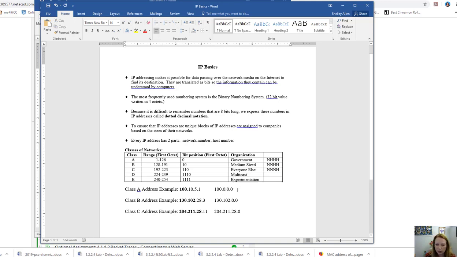numbers right here? So if there are 8 bits in each one of these, then I have 3 of these, so 8 plus 8 plus 8 is 24. So I have 24 bits available to assign however I want to the computers within my organization.